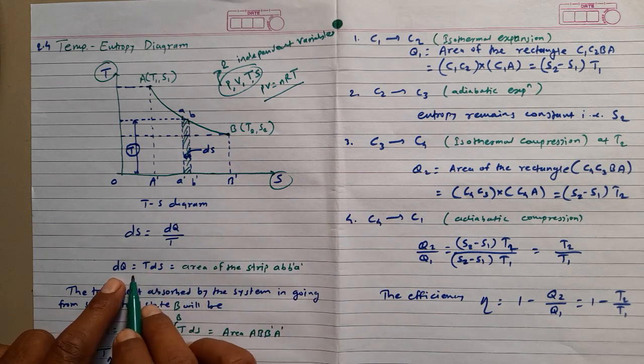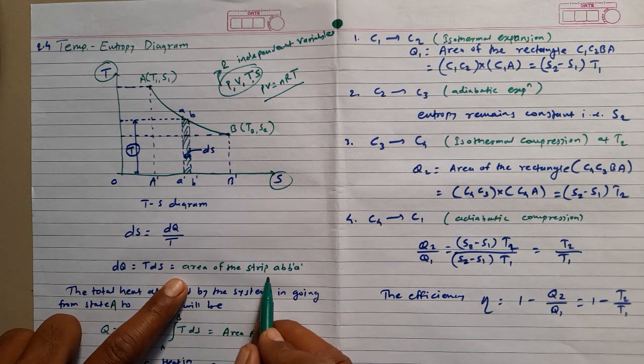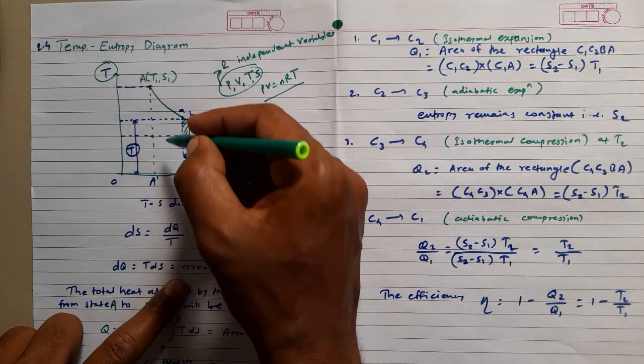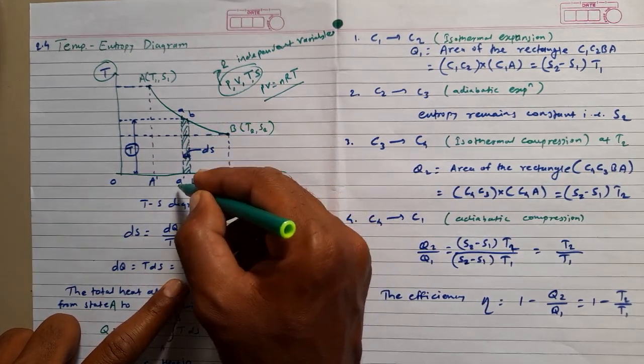So this dQ represents the area of this small strip, a b b' a'.